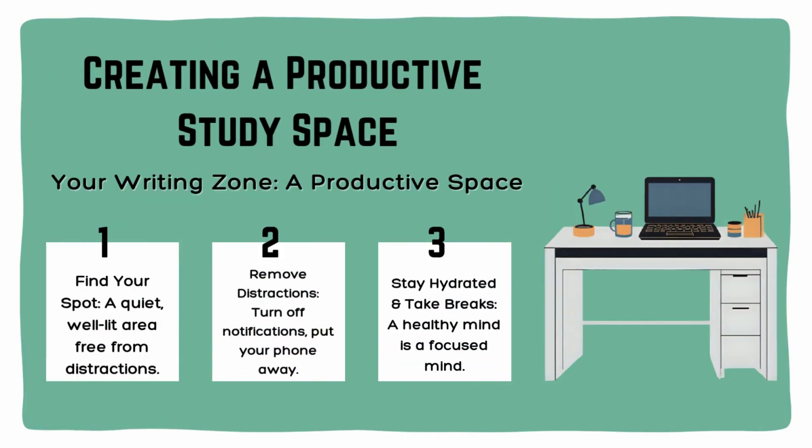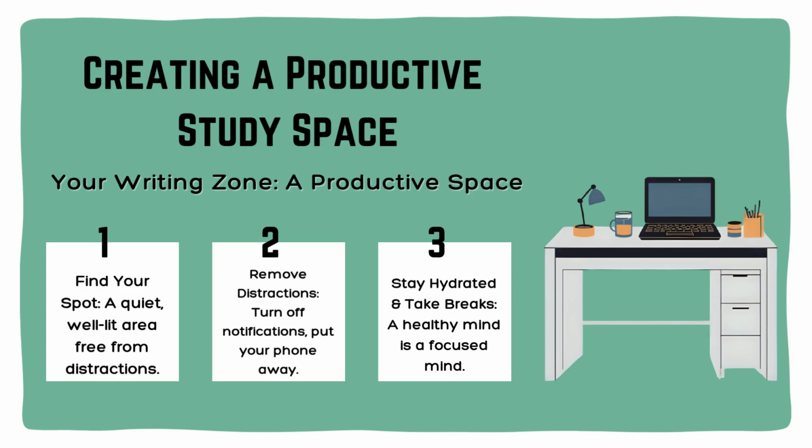Your environment matters. Create a writing zone where you can focus. Find a quiet, well-lit place where you can work without interruption. This could be a desk in your room or a corner of the library. When it's time to study, remove distractions.